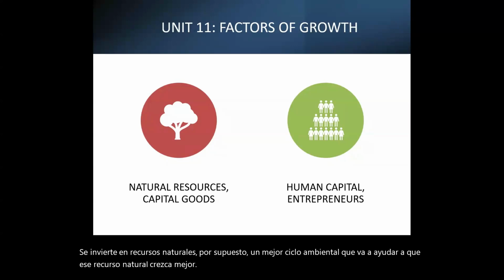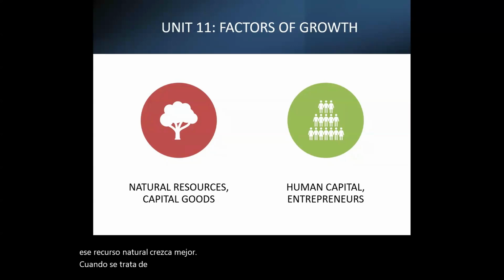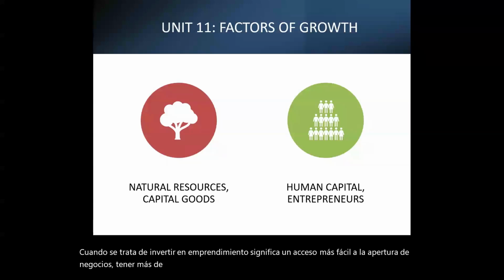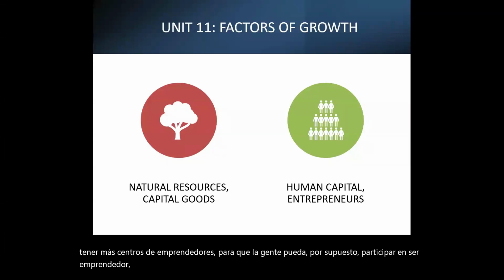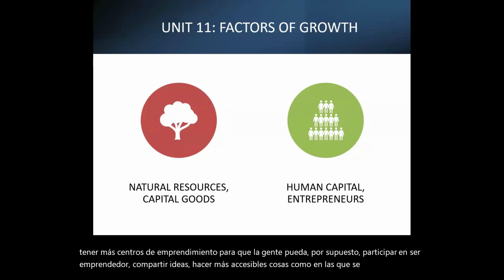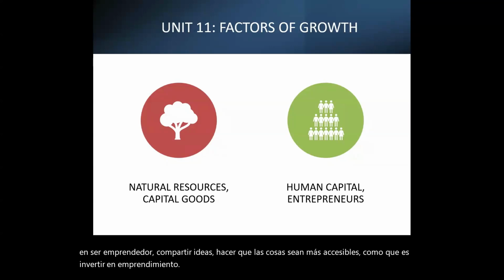Investing in entrepreneurship means easier access to opening a business, having more of an entrepreneur center so that people can participate in being entrepreneurs, sharing ideas, making permits more accessible, things like that. That is investing in entrepreneurship. Let's move on to the next.